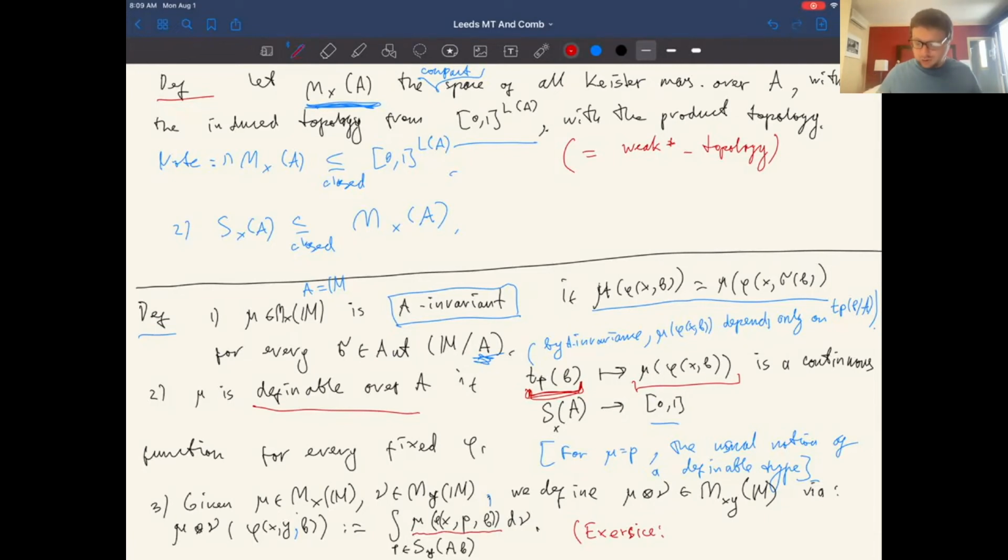And if you're familiar with types, what we get here is the usual notion of a free realization of types. So if we are given two types, P and Q, two definable types, or even just invariant, then P tensor Q is simply the type of the pair AB, where B realizes Q over A, and A realizes P over AB.